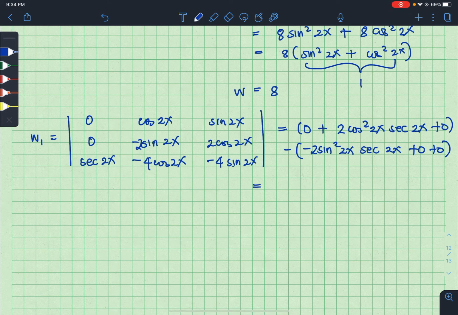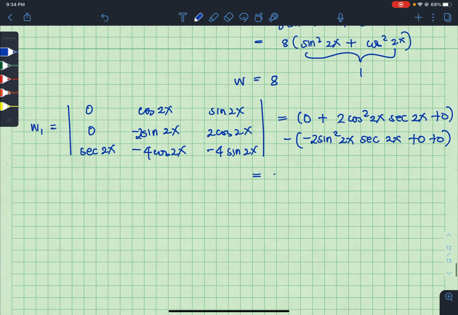So leaving us to have 2 cosine squared 2x, secant 2x, then plus 2 sine squared 2x, secant 2x.